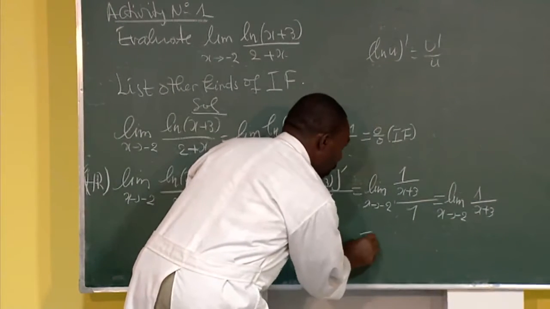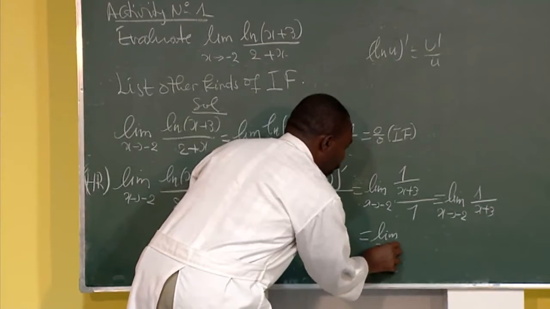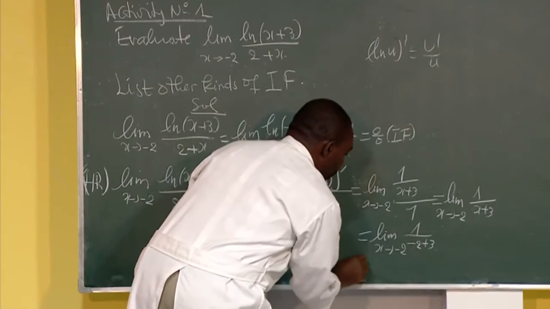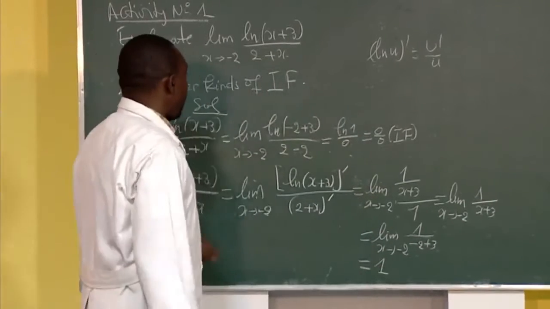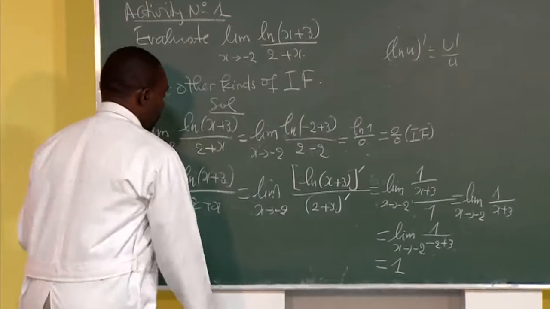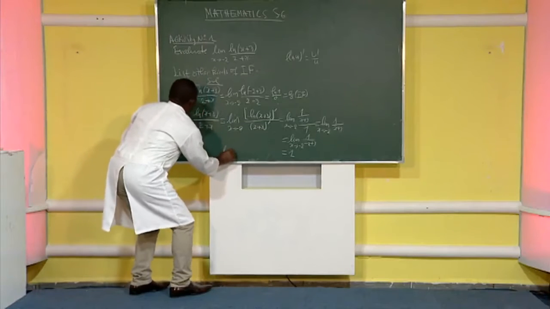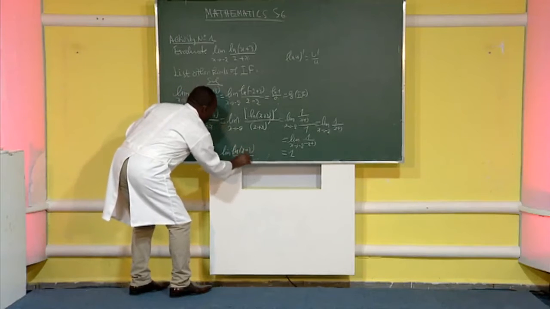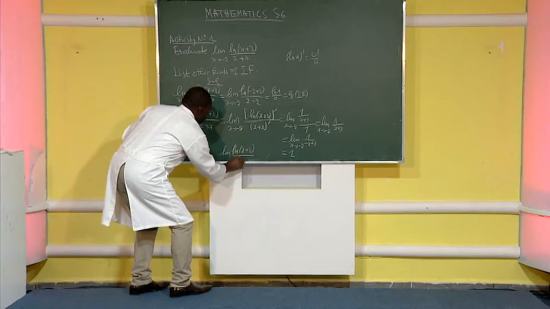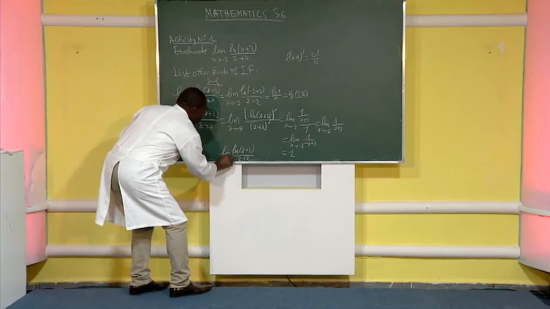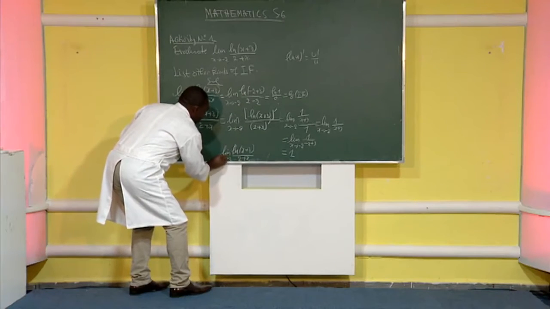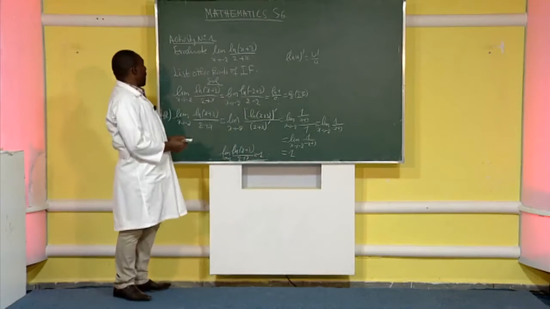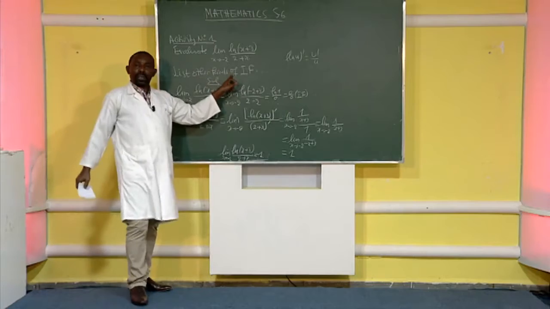This is equal to 1 divided by minus 2 plus 3, which is equal to 1. Finally, the limit of ln of x plus 3 divided by 2 plus x as x approaches minus 2 equals 1.